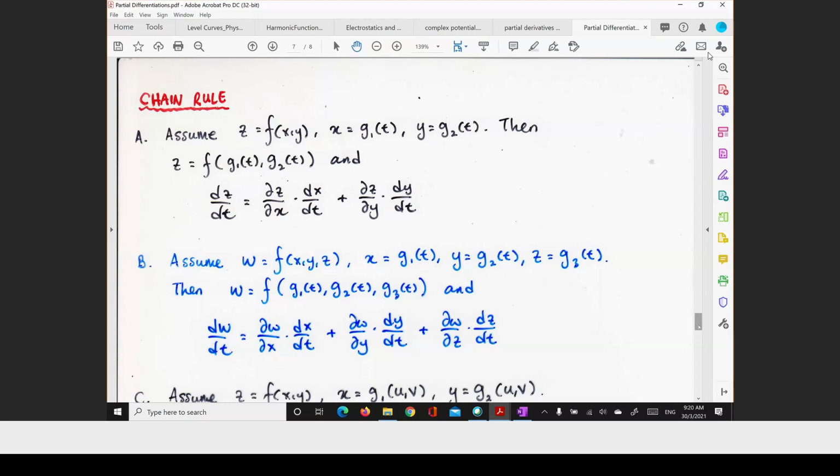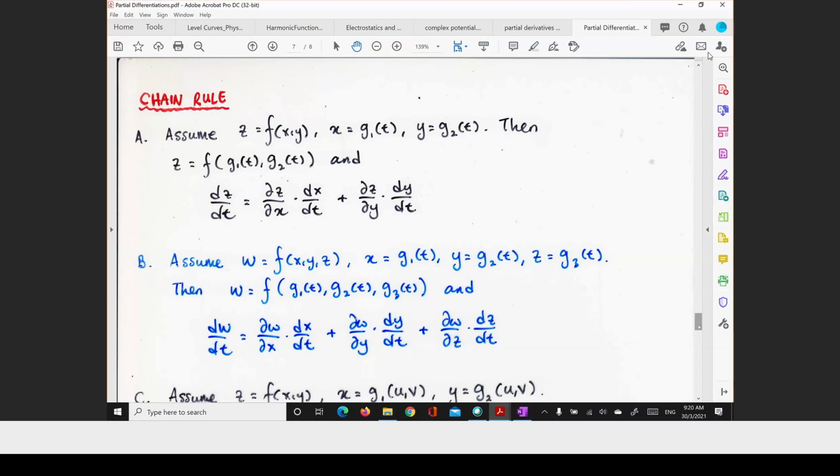So here also we have a parametric representation of the function z equal to f(x,y). x is defined as a function of t, and y is also defined as a function of t. So x and y here are called parametric equations.